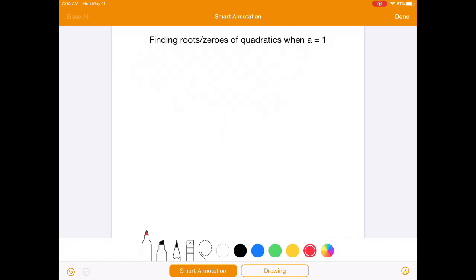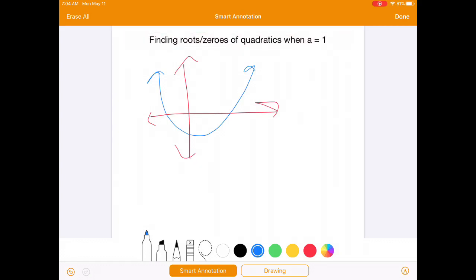And what we're really talking about here is, let me just draw an xy axis here. When we get a parabola, quadratics we know are parabolas, and they look something like this. What we mean by a root or a zero is the point right here where they hit the x-axis.